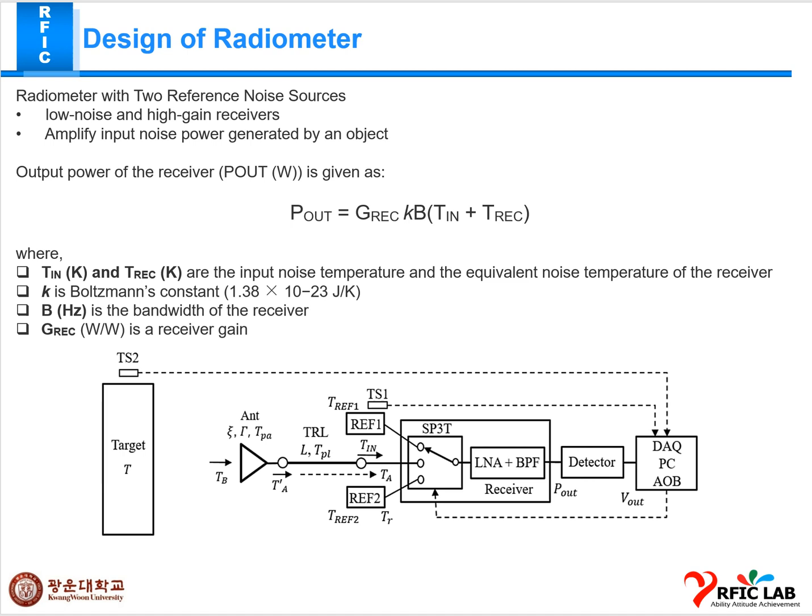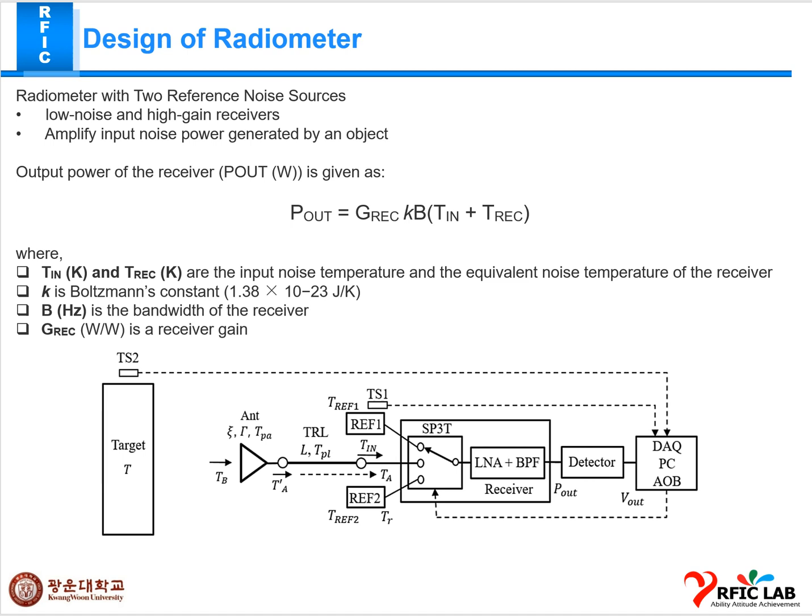K is the Boltzmann constant, which has the value 1.38 times 10 raised to the power minus 23 J/K, B is the bandwidth of the receiver calculated in hertz, and G is the receiver gain.